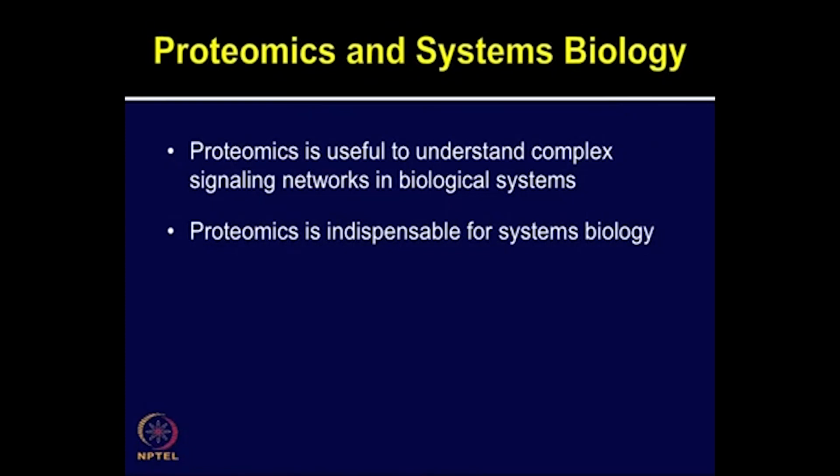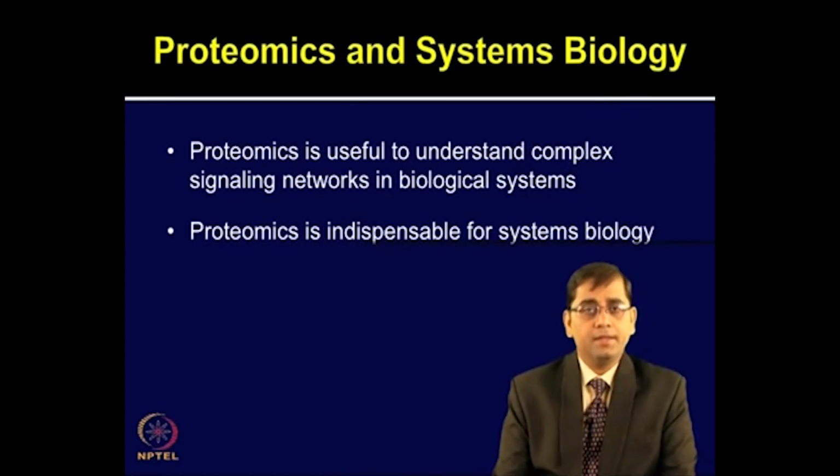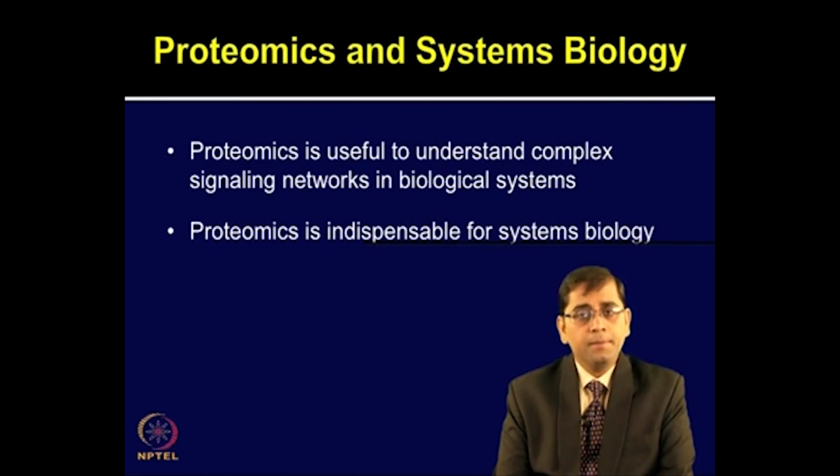So, how can proteomics and systems biology be integrated? Proteomics, as we have studied, provides useful information to understand the complex signaling networks in a biological system. It is a very indispensable tool for systems biology. The global analysis of the proteome is important. However, there are many limitations in each experiment, and thousands of proteins can be studied.